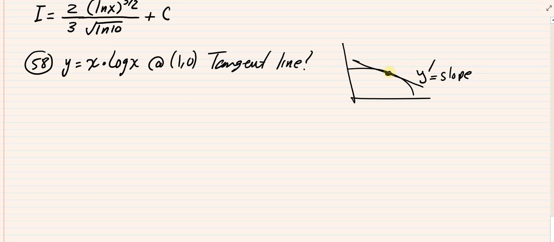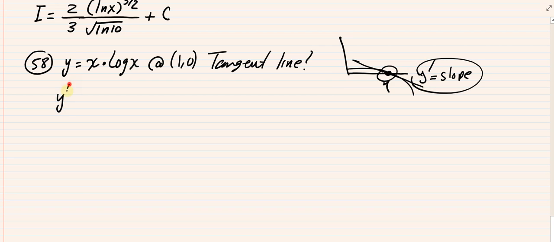And then of course we need a point which we are given, right? 1, 0, that's actually the x-intercept. So at that point we have a point, if we have slope, we can use point slope form of a line to do this. So we do need to find the derivative to give us the slope.